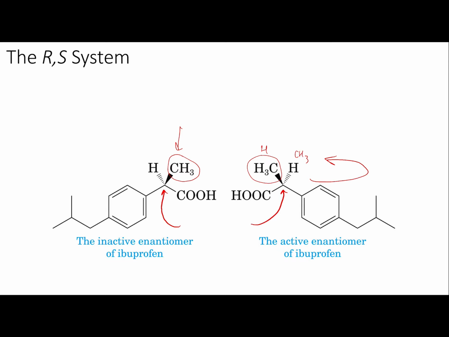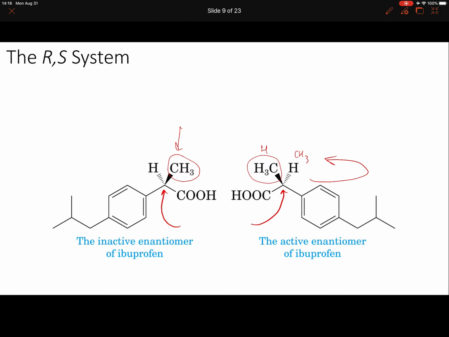Now the way that we distinguish between these 2 different groups of the same molecule is with a system called the RS system. This RS system is a way to distinguish between enantiomers without having to draw them and point to one or the other.